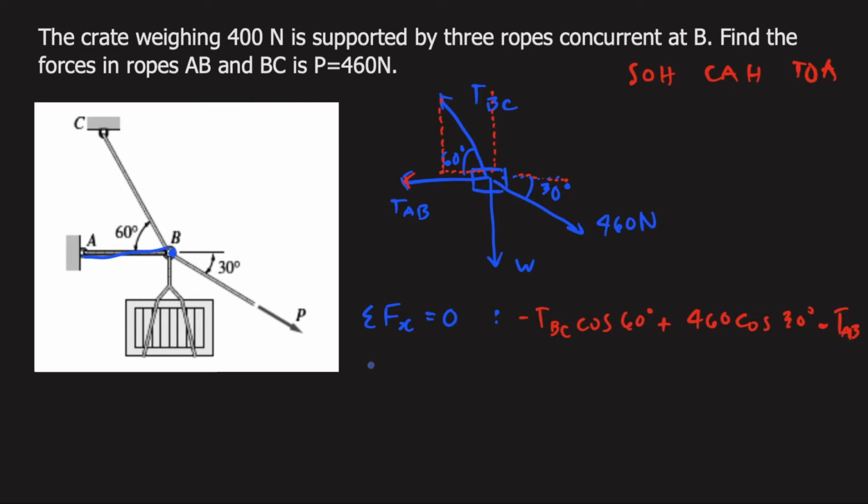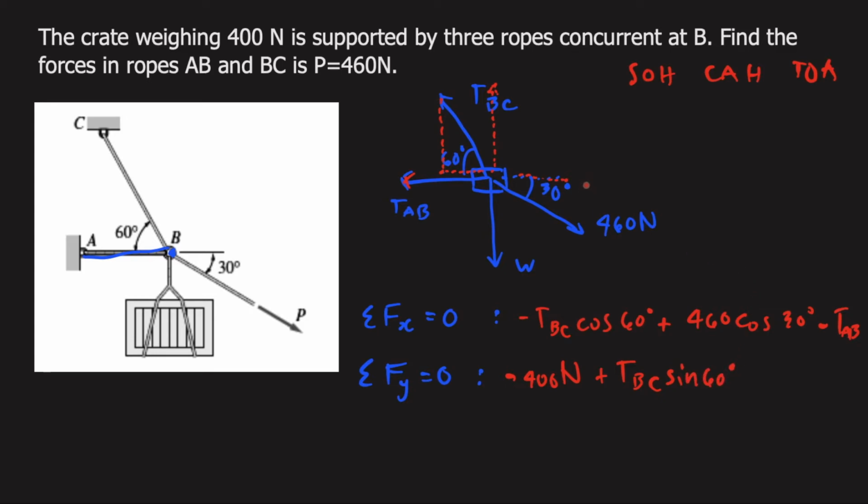Now let's deal with the y component. The summation of Fy must be equal to 0. First is of course the weight, which is negative 400 newtons. The second y component is the component of TBC. Since we used cosine for the x component, this time we will use sine. Since it's going up, we will use positive TBC sine 60 degrees.